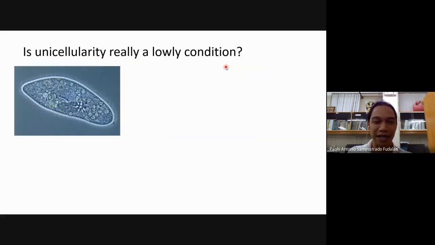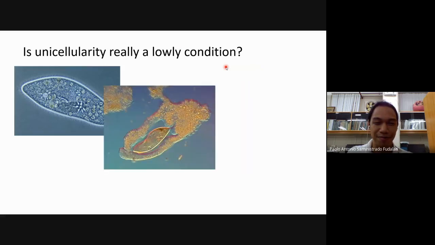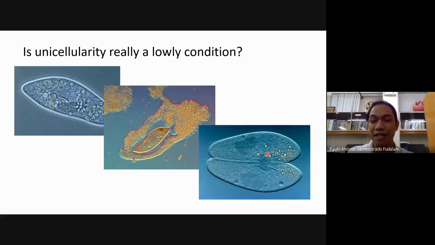So we have here a paramecium. Maybe it's a sad condition because if you're unicellular, you can be easily eaten by other predators like this amoeba eating this paramecium. But take note, when the paramecium divides itself, say in binary fission, it's actually cloning itself.